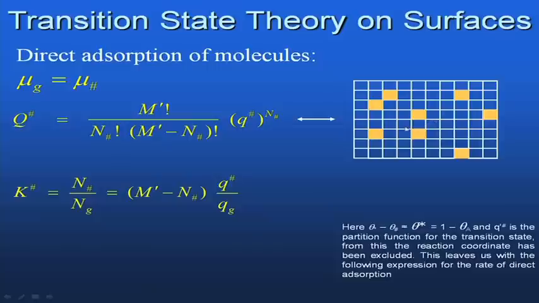Another thing is that for direct adsorption, 100% reaction is not possible. 100% reaction means suppose 100 molecules are colliding, not all 100 molecules will be adsorbed; maybe a certain fraction will be excluded, they will come out.